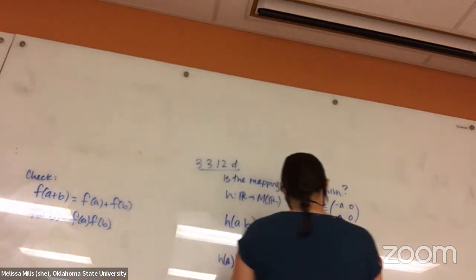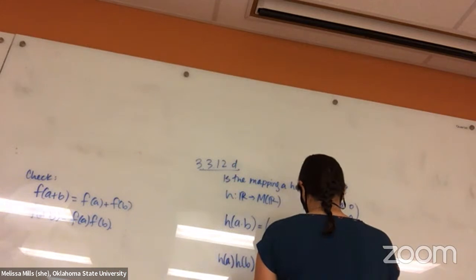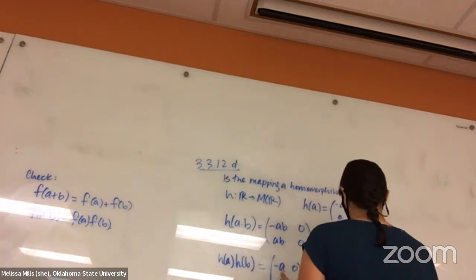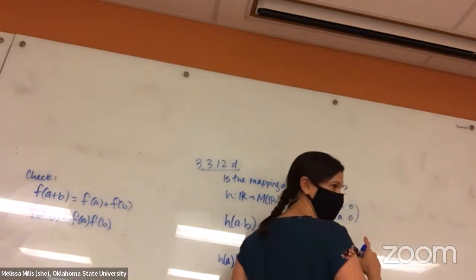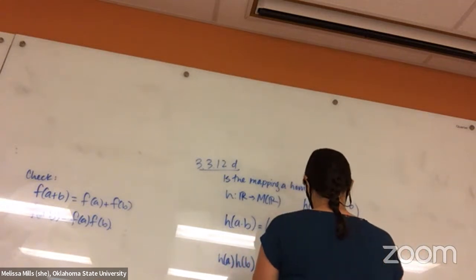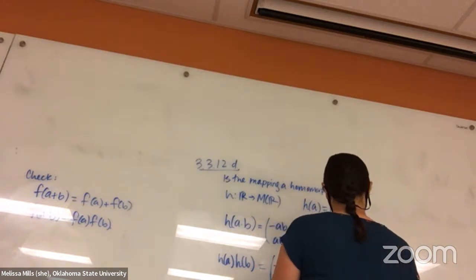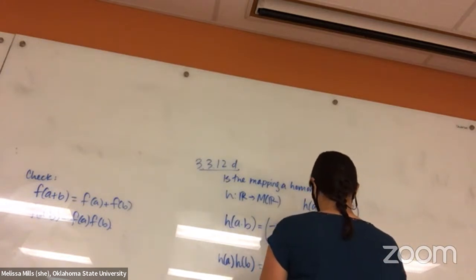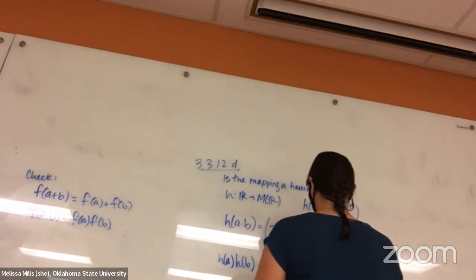I'm getting a negative a times negative b, which is positive ab. So that's looking like it's not going to work. Then I get 0, 0, so I get 0 here.